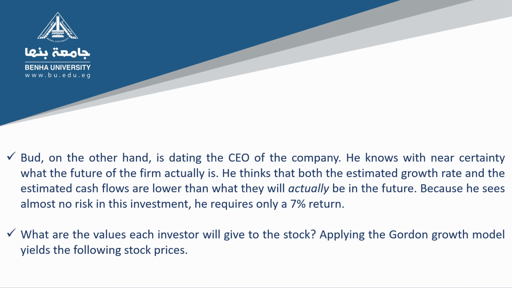Now, what are the values each investor will give to the stock? Applying the Gordon growth model yields the following stock prices, which are presented in the table in the next slide.